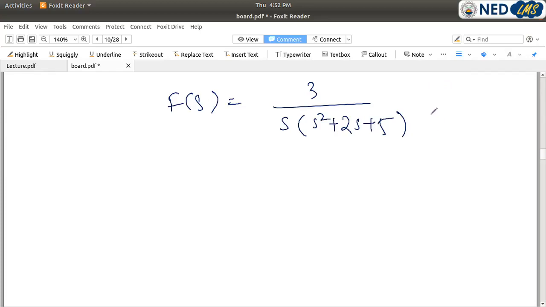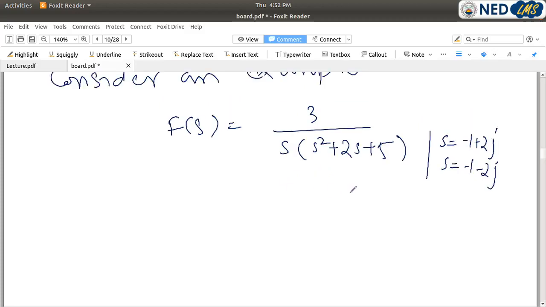Roots of this equation are s is equals to minus 1 plus 2j and s is equals to minus 1 minus 2j, which are the complex roots. So let's see how we can write the partial fraction under this case.